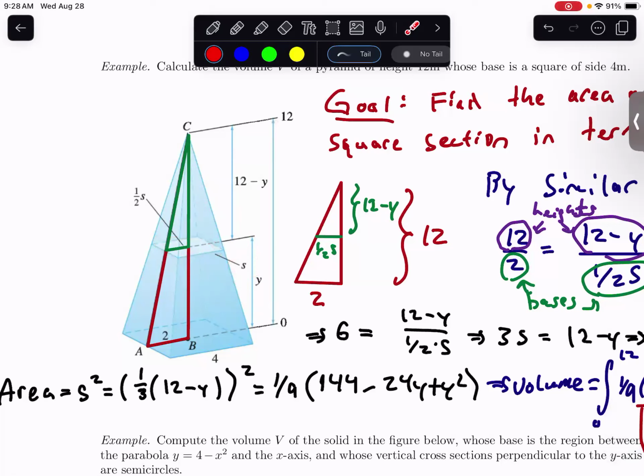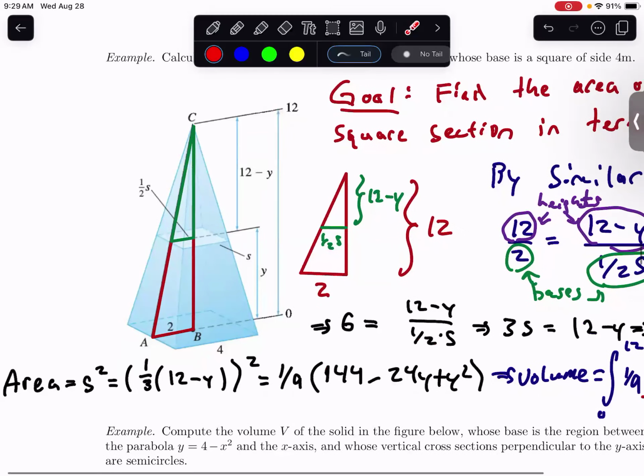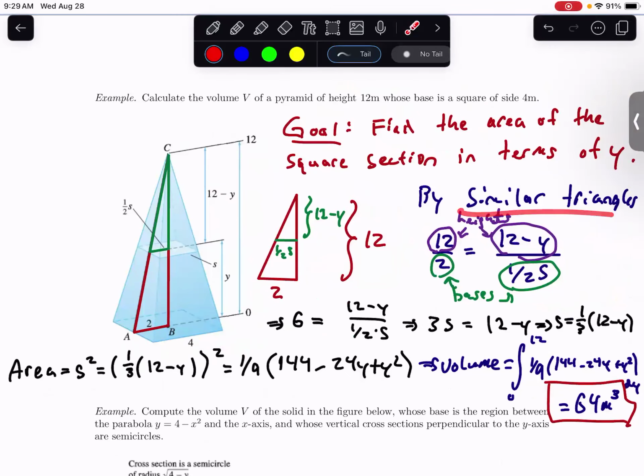The problem is we want to integrate with respect to y, because that's what's actually changing. And so the whole point of doing the similar triangles thing is we wanted to write s in terms of y, so that we can rewrite s squared in terms of y. That's the main point. We already knew the area equation with respect to s. It was just a matter of translating it in terms of y instead.